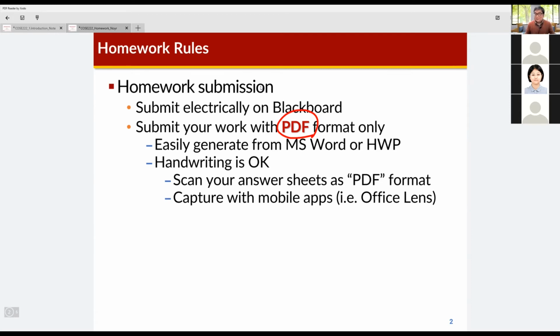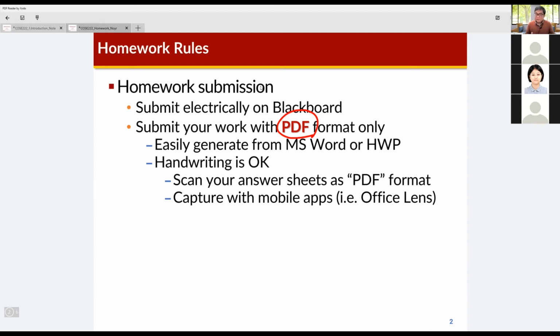You may say, oh, I don't have any scanners, but recently there are many good mobile applications that scan your document very easily, like Microsoft Office Lens. These mobile applications can scan your writing using your mobile camera.